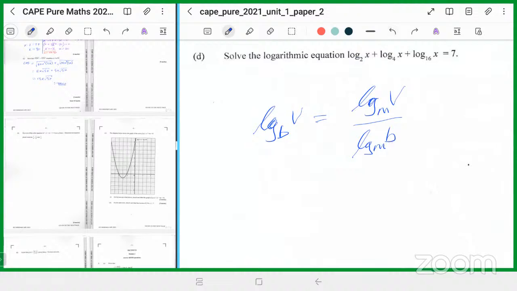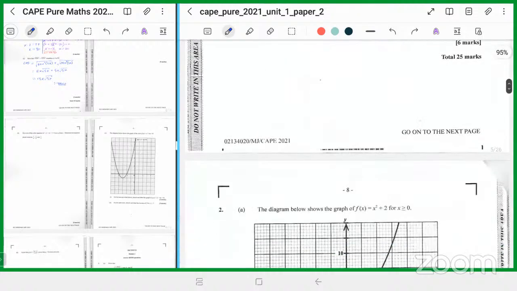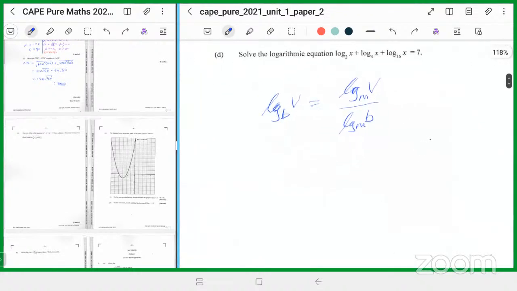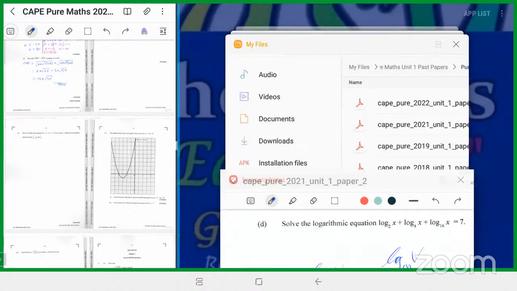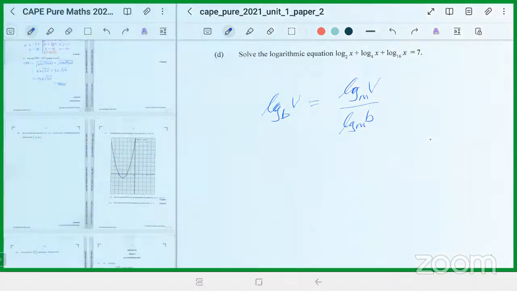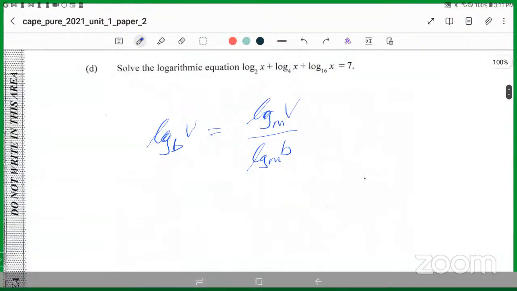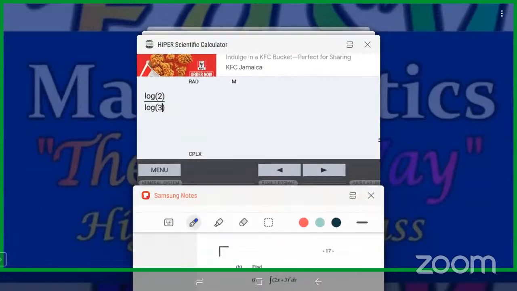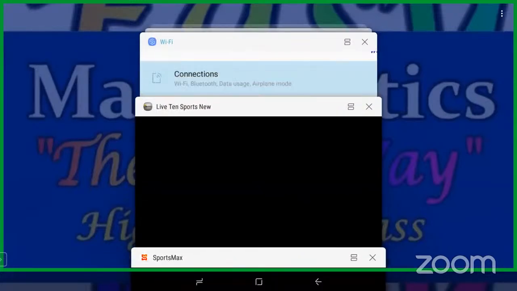And let me see. So let me give you 5 minutes to do it. Let me see if there's another part to this question. I hope 6 marks for it. And for the clock.